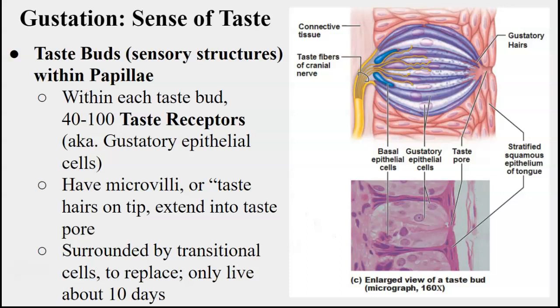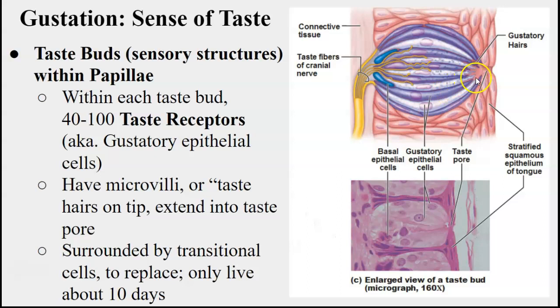So again, within a taste bud, they are found within those little papillae, those little bumps. Within each taste bud, you might have 40 to 100 different taste receptors, so these kind of cells.